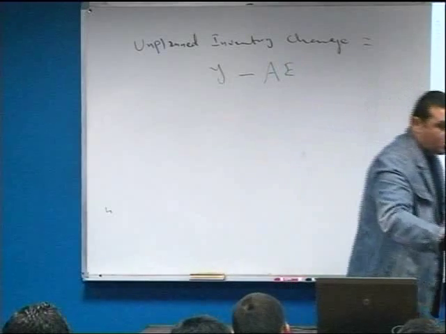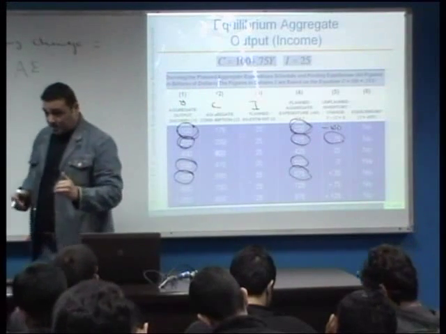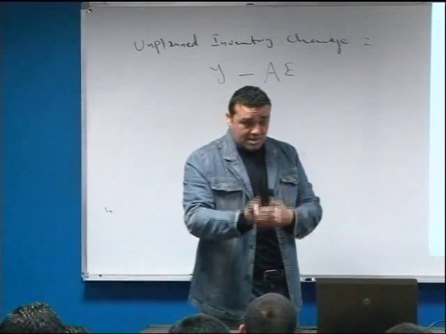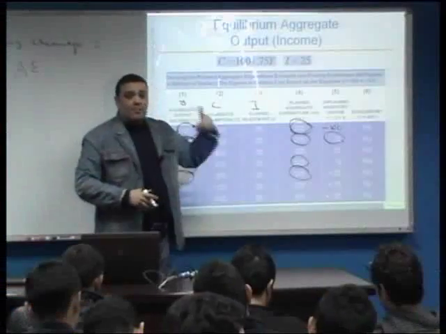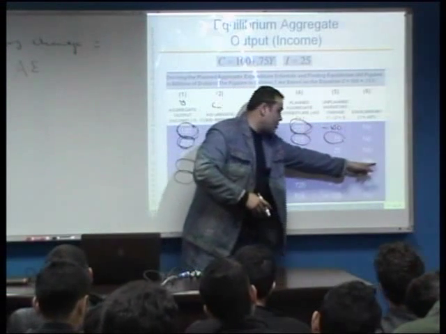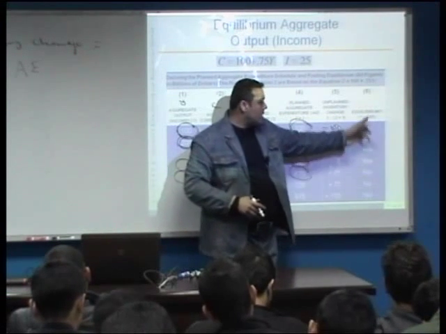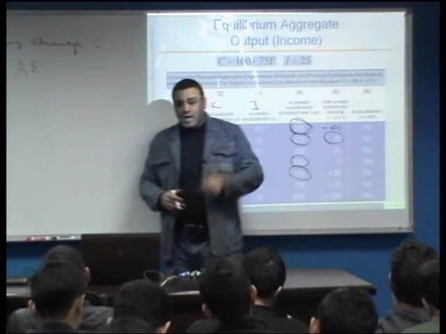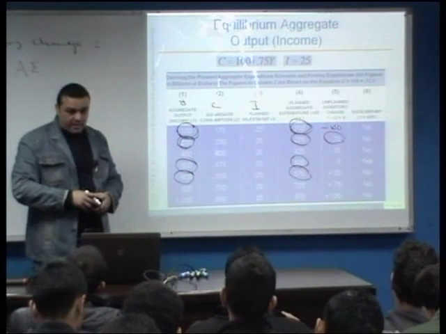If we have the rest of the world, for sure, it should be added to the planned aggregate expenditure, as you will see in the next chapter, inshallah. So the equilibrium is achieved only at the fourth case. So here we have equilibrium when Y, or the aggregate output, equals the aggregate expenditure, right?